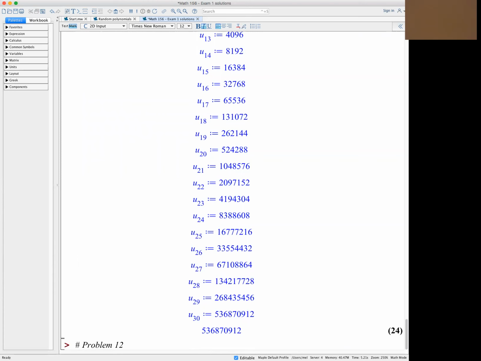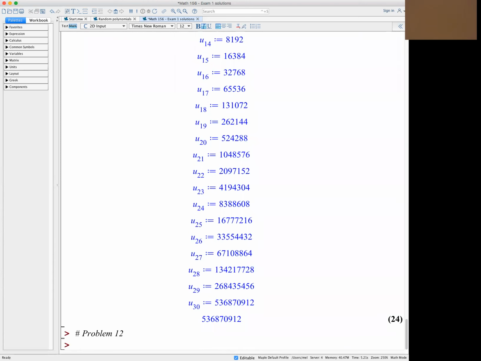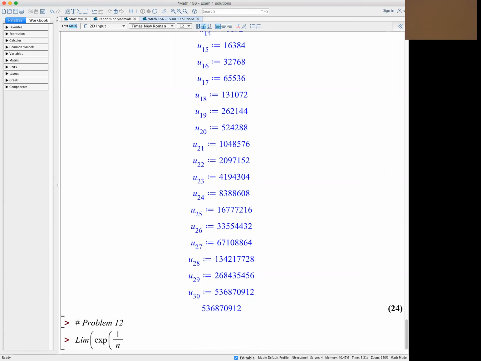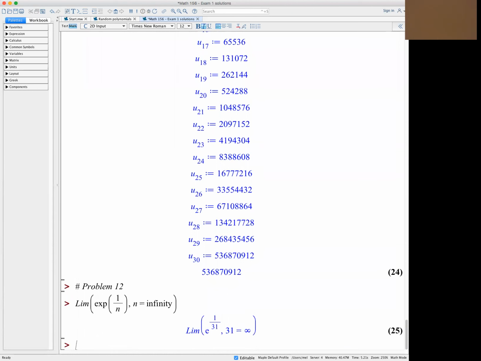Problem 12. Compute, first of all, the limit of e to the 1 over n. So the limit of exp of 1 over n as n goes to infinity. Oops. I stopped. I need to erase that. Clear the memory.